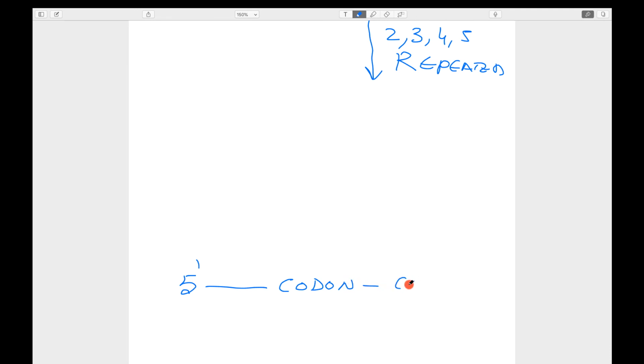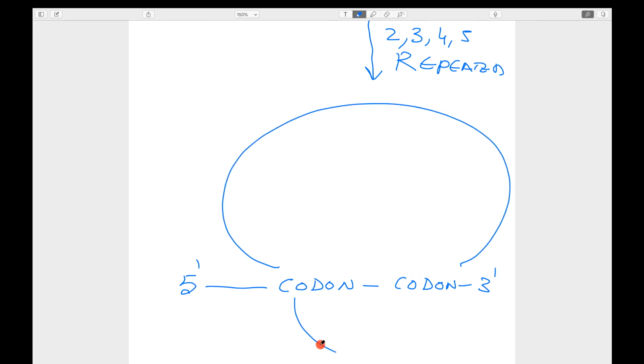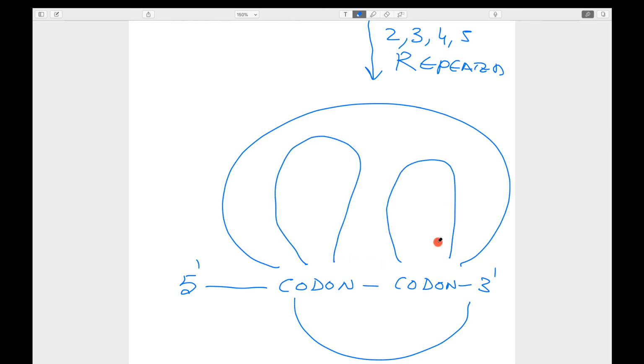So here codon. Here it is. This is the P site, then this is A site. Here I say anticodon. Then after addition of many amino acids, see how a polypeptide looks like.